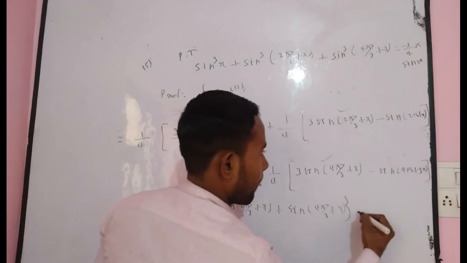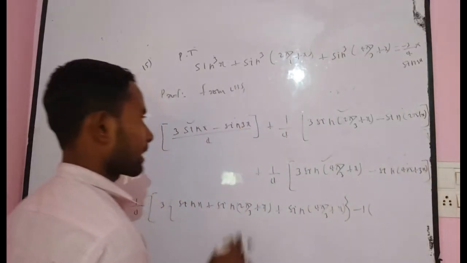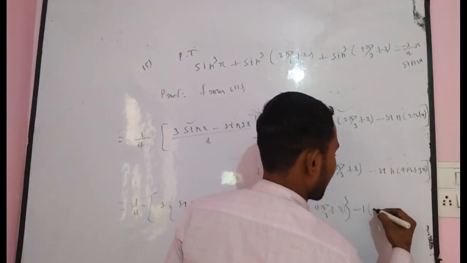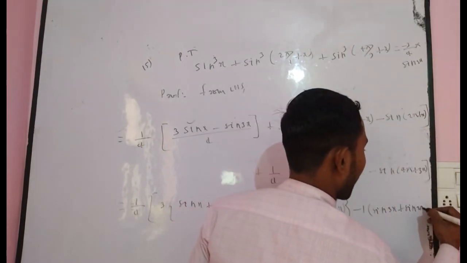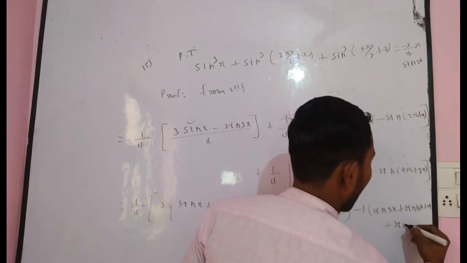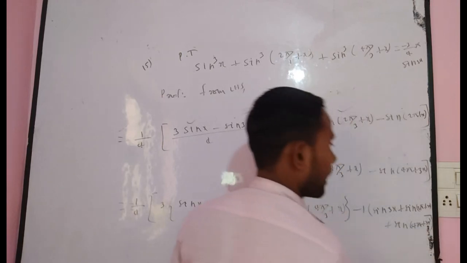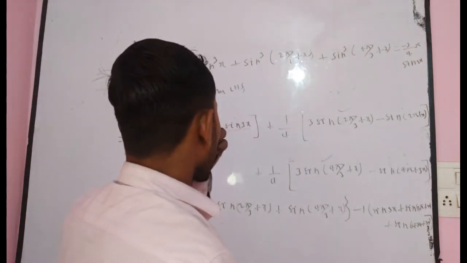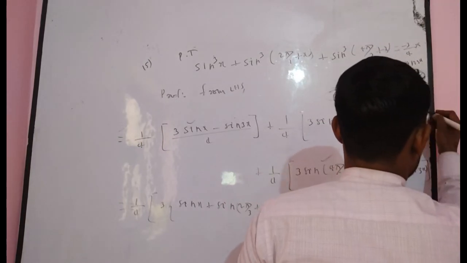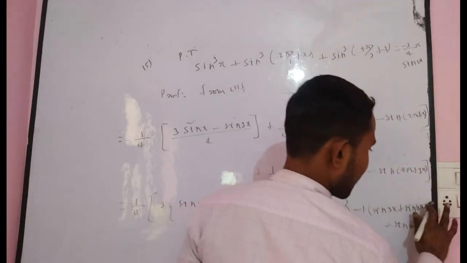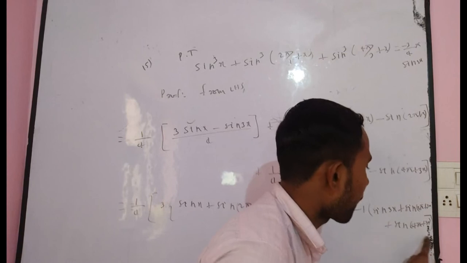In a bracket, minus 1 if you take common from these terms, you get sin 3x plus sin(2π + 3x) plus sin(4π + 3x).